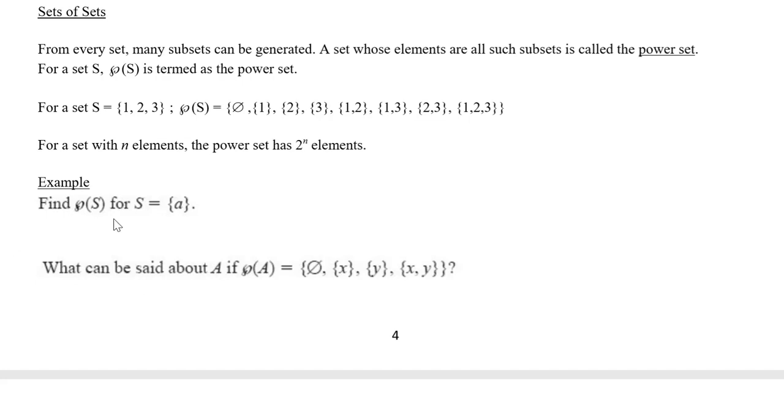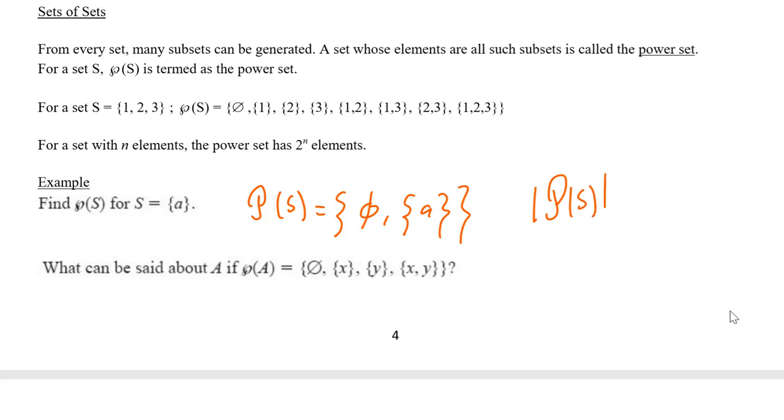So let's find what the power set is when you have only one element A. It's simple. The power set of S is like you have a bag that has only one element A. But what else can you have? Either you can have an empty set or one element. Because you have one element, as you see, the cardinality of the power set of S is 2 to the power of 1, which is 2.